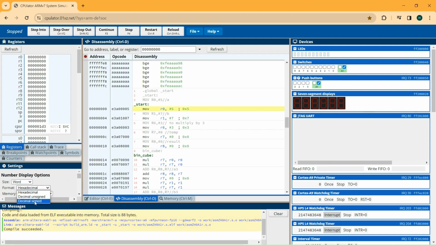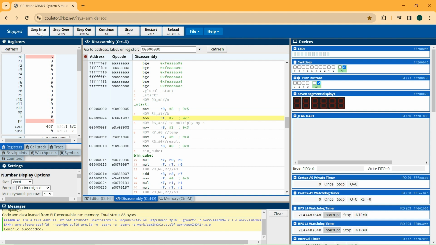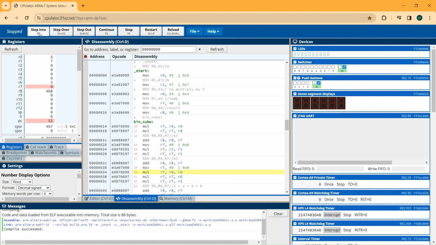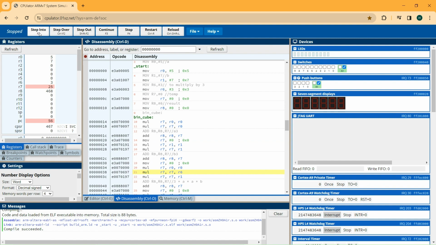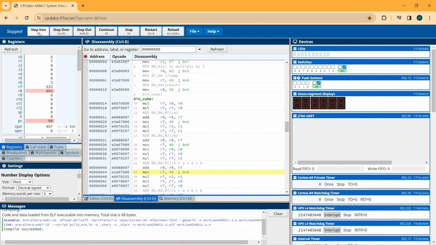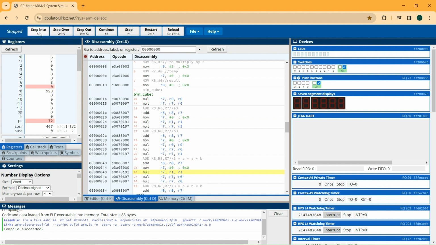I will change format to decimal sign. So in R0 is 5, in R1 is 7. Then I first calculate a raised to the power of 3, it is 125, and I add that to R8, then I calculate b raised to the power of 3, and then 3 times a squared times b, and last 3 times a times b squared.